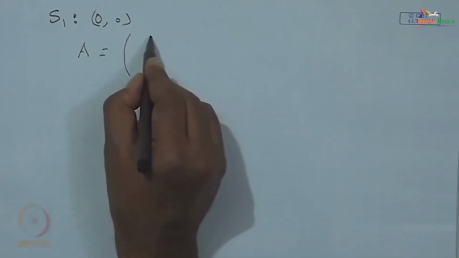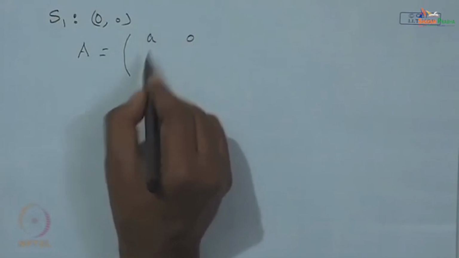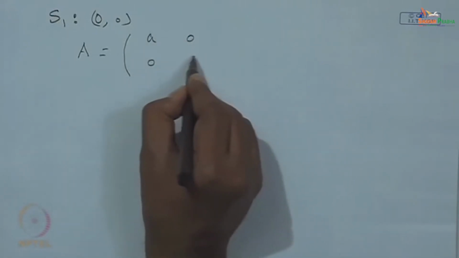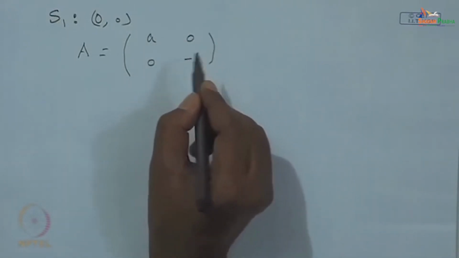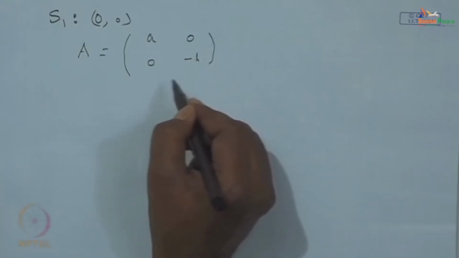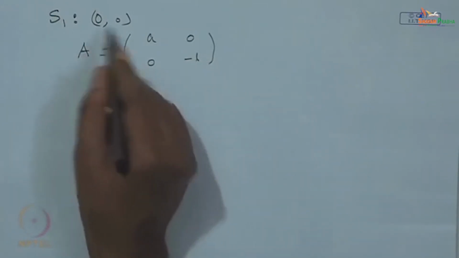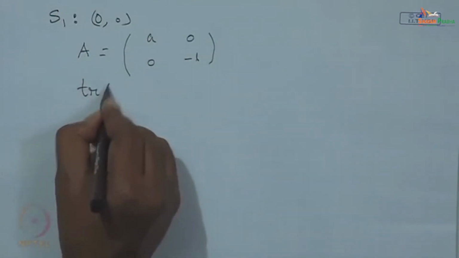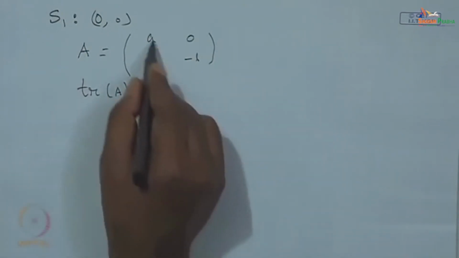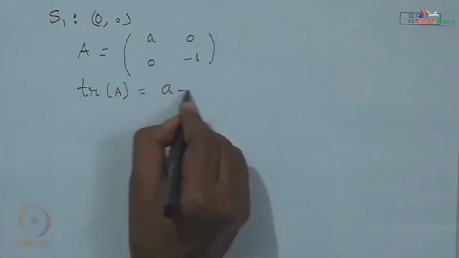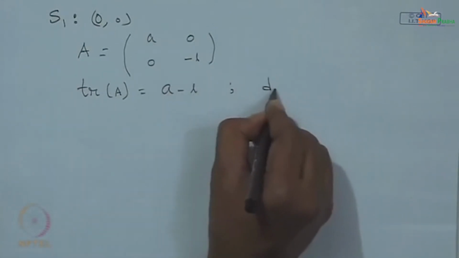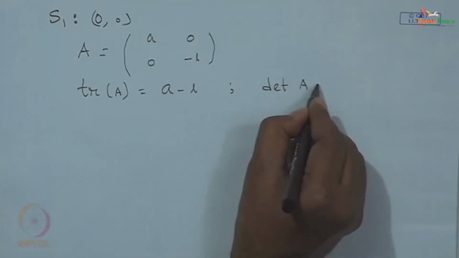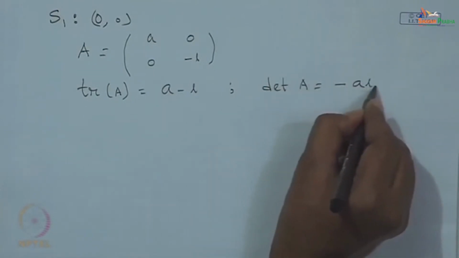So, this will be [a, 0; 0, -l]. So, you find that the trace of A will be nothing but this plus this, so a - l, and the determinant of A will be nothing but -a l.